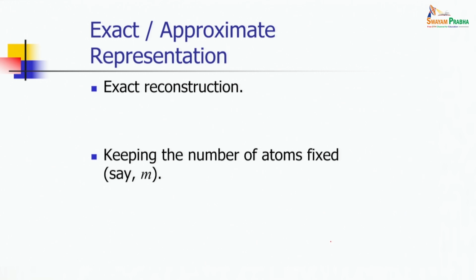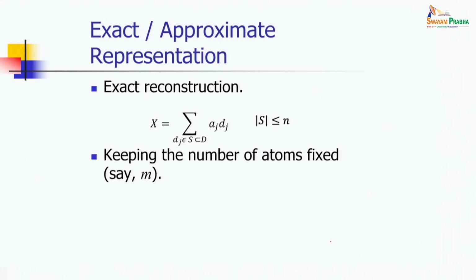As I was mentioning, this reconstruction could be exact. In that case we can show that it is sufficient to have at most n atoms to get exact reconstruction if all the atoms are linearly independent in that set.